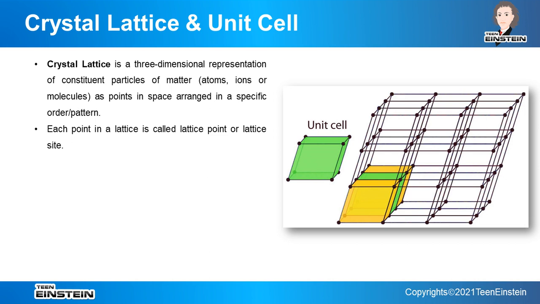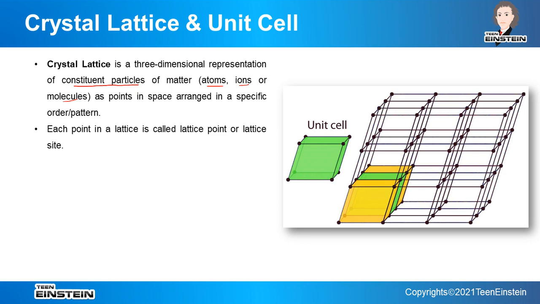So lattice, this term we have already seen. Now crystal lattice, obviously it is for crystalline, not for amorphous. So crystal lattice is a 3-dimensional representation of constituent particles. These constituent particles may be atoms, ions, or molecules.